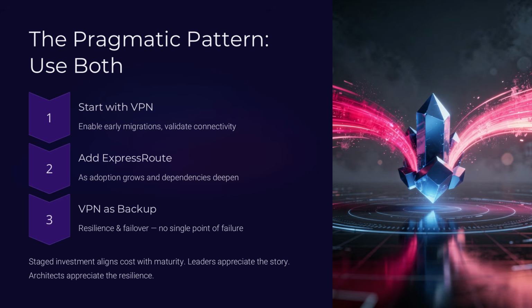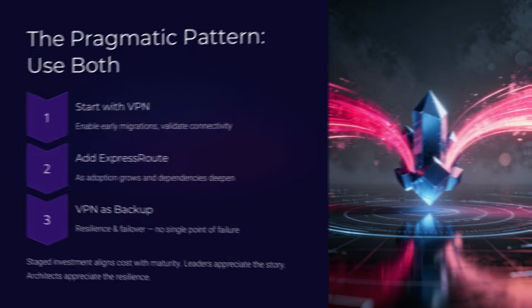Then transition to ExpressRoute as adoption grows and dependencies deepen. This stage approach aligns investment with maturity and reduces risk by avoiding a single point of failure in connectivity. Leaders appreciate the stage investment story. Architects appreciate the resilience and flexibility.